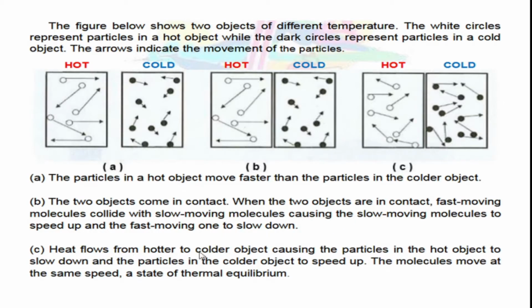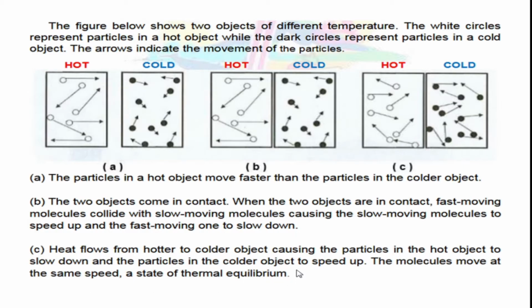Okay? Heat flows from the hotter to the colder object, causing the particles in the hot object to slow down and the particles in the colder object to speed up. So the molecules move at the same speed, a state of thermal equilibrium.